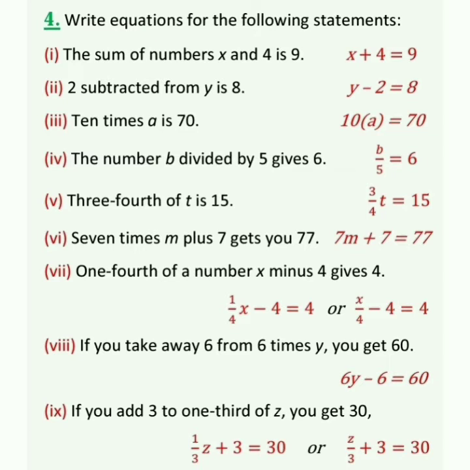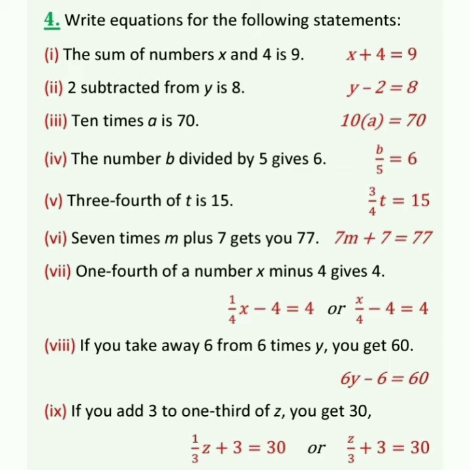Now 6th one, 7 times m plus 7 gets you 77. इसका मतलब क्या होता है? 7 times m means m को 7 times मल्टीप्लाई करना है, जिसके अंदर 7 ऐड करेंगे तो 77 आंसर मिलेगा. So in mathematical form, 7m plus 7 is equal to 77.